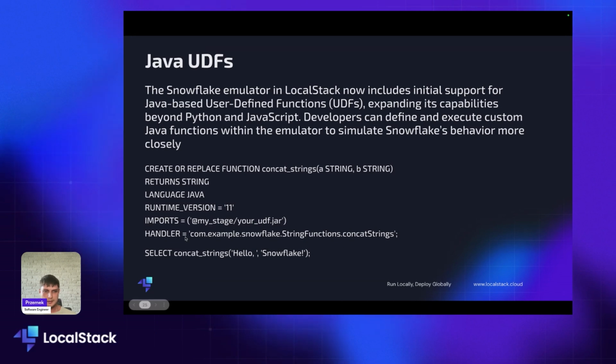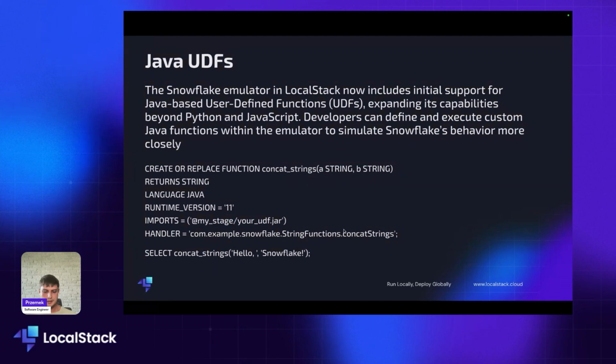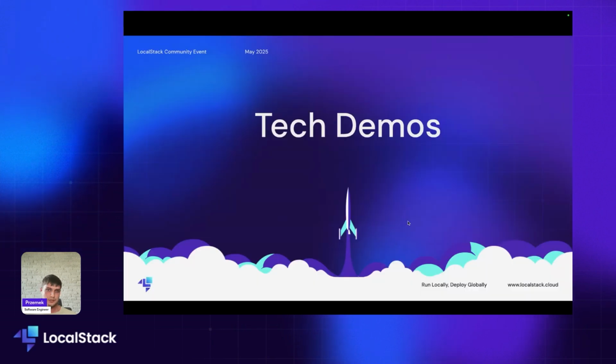And then specify the handler, which is the method in the Java code. After it's created, you can basically use this concat string function in the emulator. So that's a pretty cool feature.